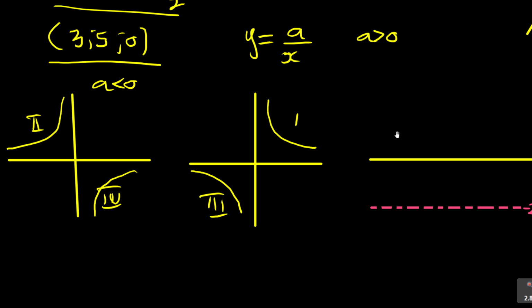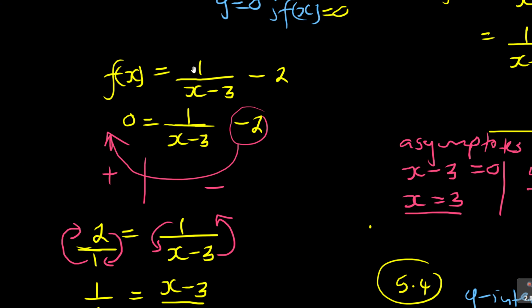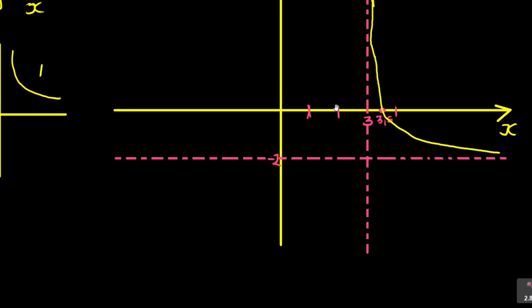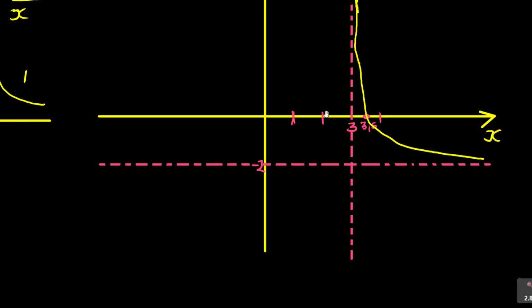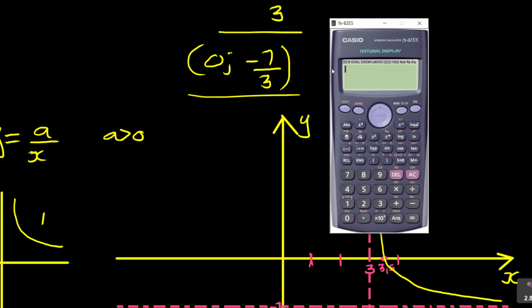So you can see that a here from the question was positive. See, a was 1, so it was positive, hence the graph is in this part. And then the other quadrant, you can see the graph, there is the x and y intercept. Now it crosses at minus 7 over 3. So what is that minus 7 over 3? You can actually look at it as an estimate to say it is negative 7 over 3. Press the calculator there.